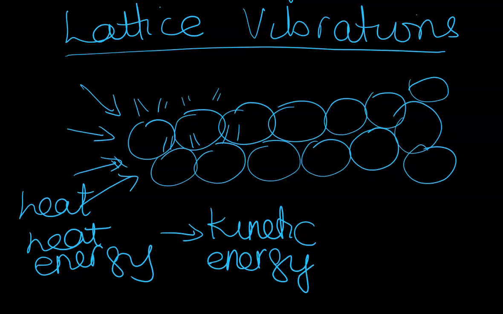Now these molecules, when they vibrate, they knock into adjacent molecules. And again, it relies on the proximity, the closeness of the molecules. If the molecules were not close together, then it would be very difficult for a molecule that vibrates without physically moving to knock into an adjacent molecule and transfer kinetic energy. So the heat energy is transferred as kinetic energy, and then as the molecules are close together, they cause their neighbor to vibrate.